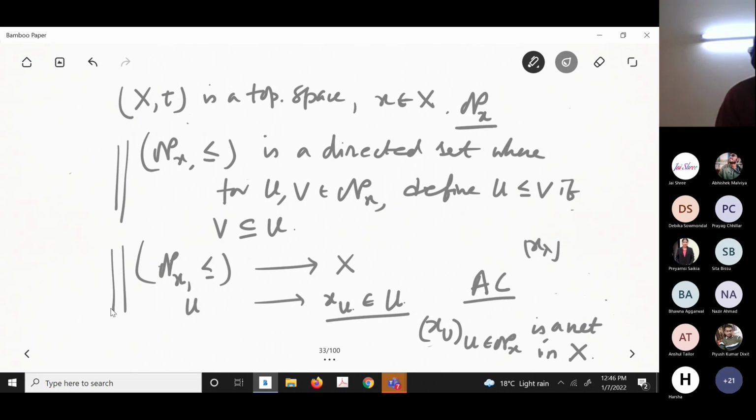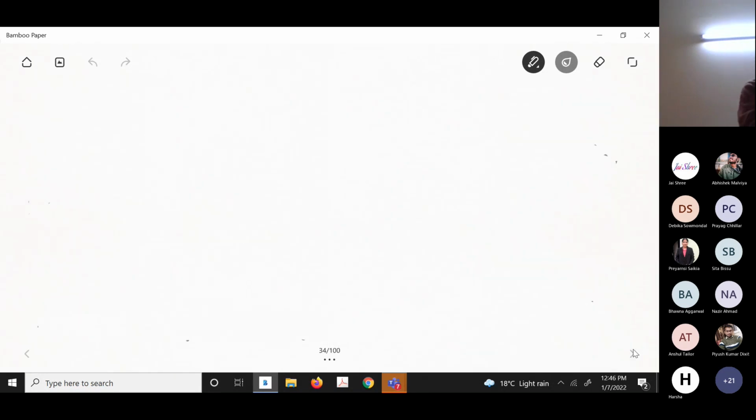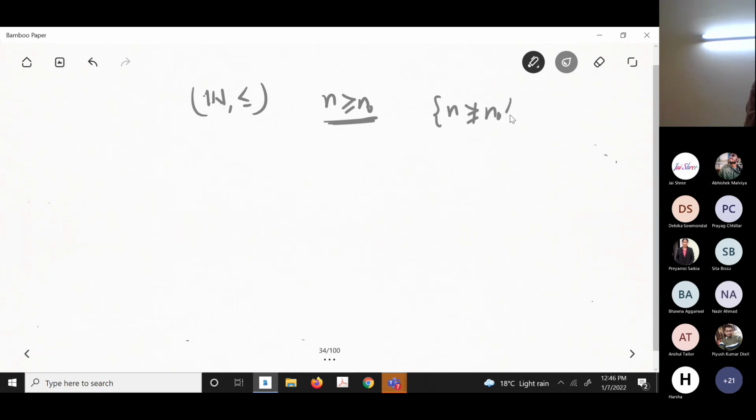Okay. Now before that, I will come back to this. I want to see that when in a sequence you write n, the usual order, if I write n greater than or equal to n naught, that means the set of n which do not satisfy this is finite, because natural numbers, they are only finite.